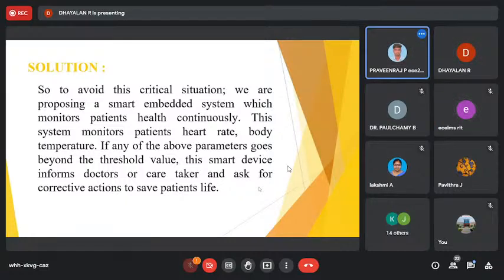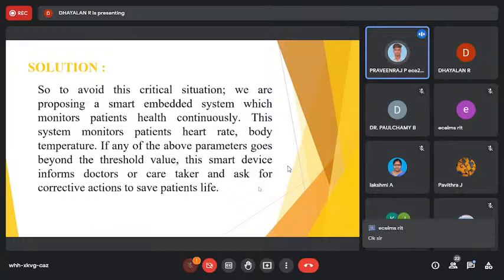I'm continuing with the solution of our system. This is a very critical situation. To avoid this, we designed an embedded system to overcome this crisis. In this system, we continuously monitor the patient's health by analyzing two basic parameters, temperature and pulse rate.